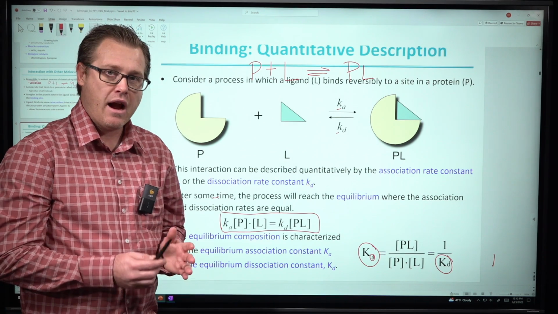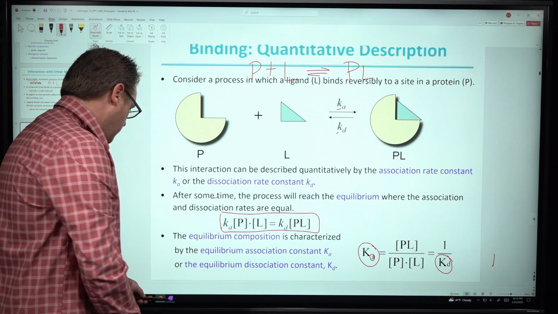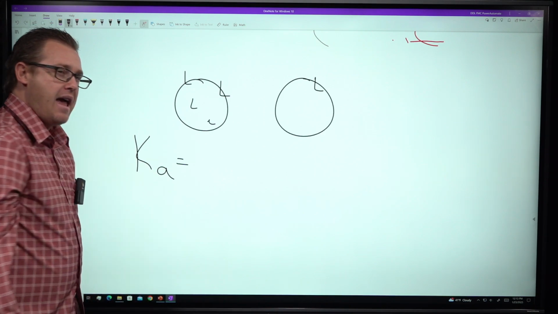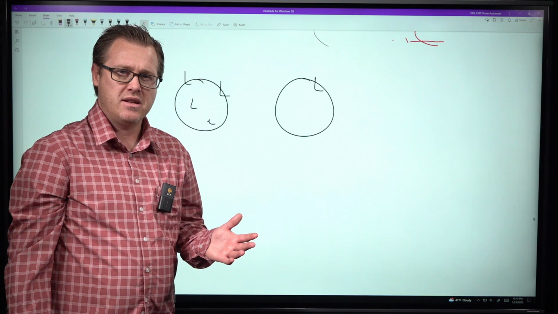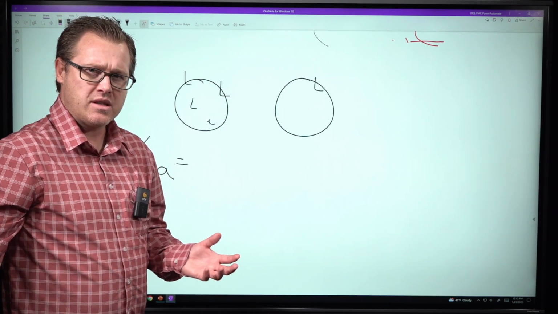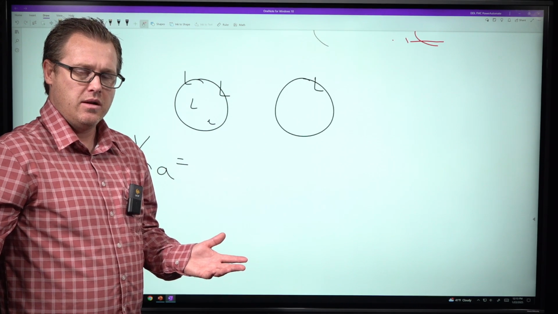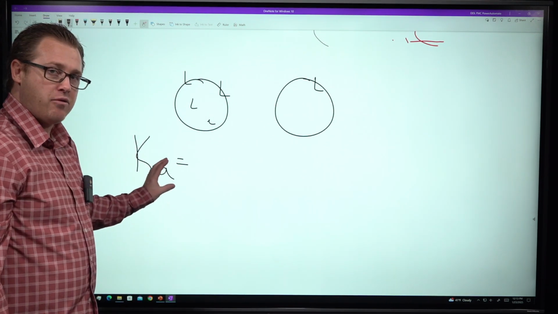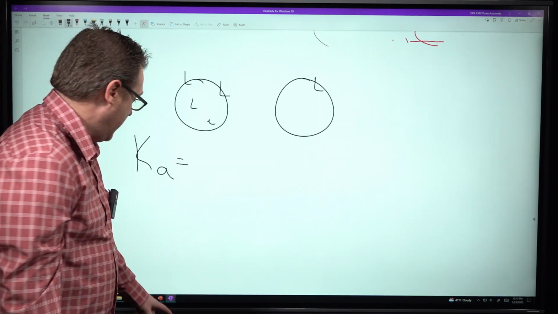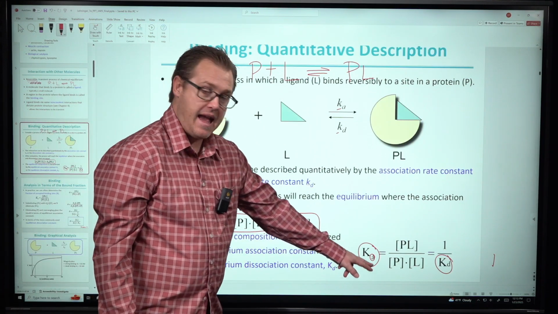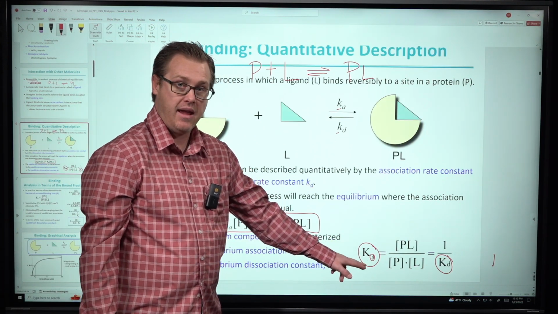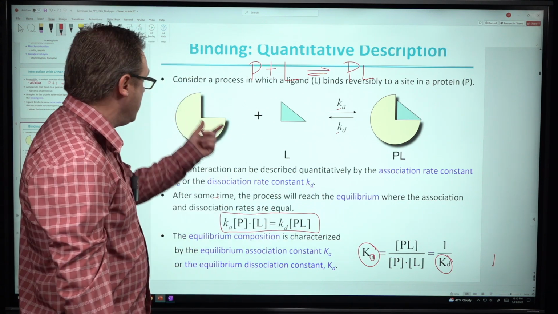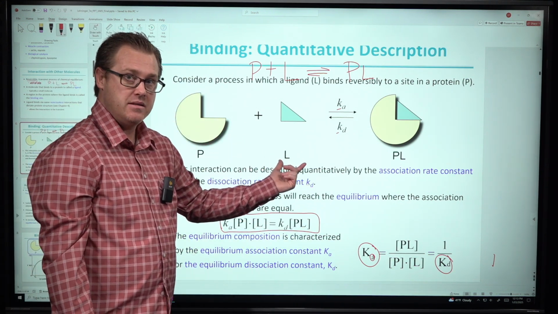We have to be very careful because in general chemistry, we had Ka, and that was the dissociation constant of the acid. And that told us how acidic an acid was. The larger the Ka, the more acidic. But that Ka in reference to acid strength is not the same thing as this capital K sub A. This is the equilibrium constant for the association of the protein and the ligand.